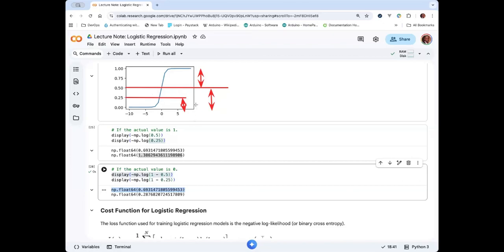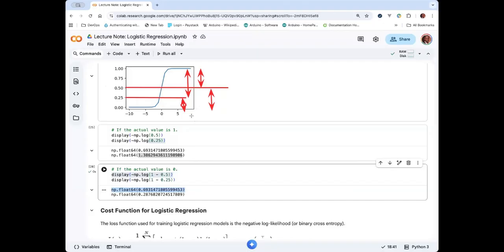But conversely, if the actual value is 1 and I am predicting 0.25, then this distance, like we saw before, is 1.38, right?